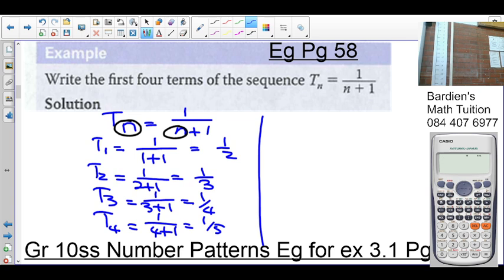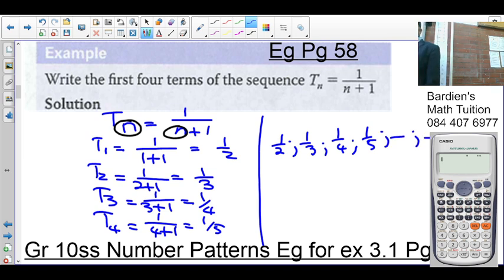So my first 4 terms is a half, a third, a quarter, a fifth. What if I ask you to extend this by another 2 terms, what will it be? 1 over 6, 1 over 7, and so on. You guys understand? So easy.